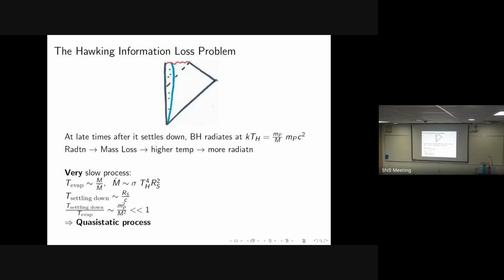Now, there are a lot of other beautiful stories which I don't have time to tell, which have to do with black hole entropy, with Jacob Bekenstein, and so on. But suffice it to say that what Hawking did, building on the work of Leonard Parker and other people, was to consider, on this fixed background of a curved space-time with a black hole, the behavior of quantum fields.